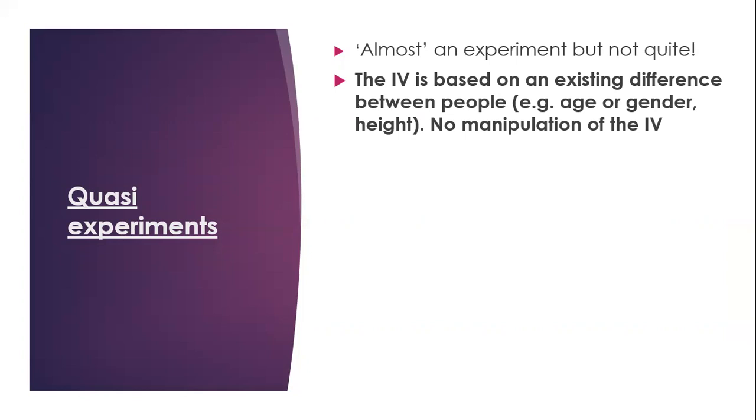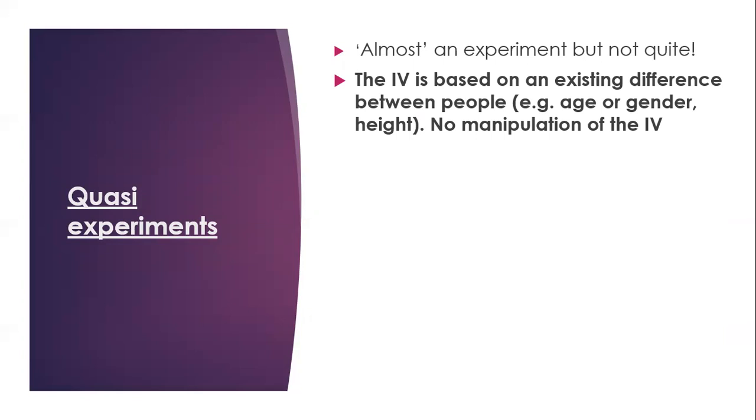So the IV is based on an existing difference between people. And there can be lots of them: age, gender, height, weight, ethnicity, you name it. These are things that we cannot change. That means there's no manipulation of the IV. Remember, in a natural experiment, there's still a change in the IV, but that manipulation is happening naturally.